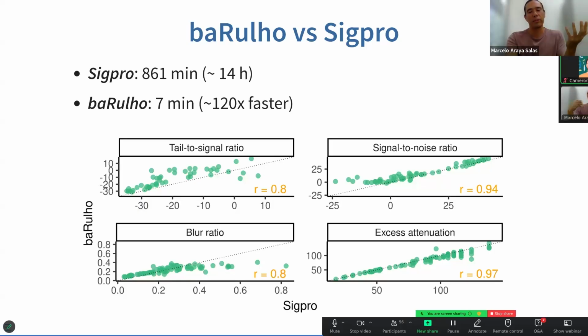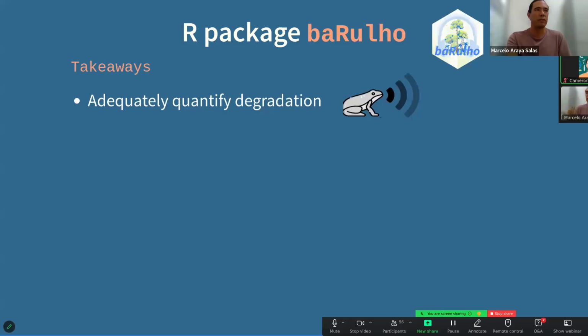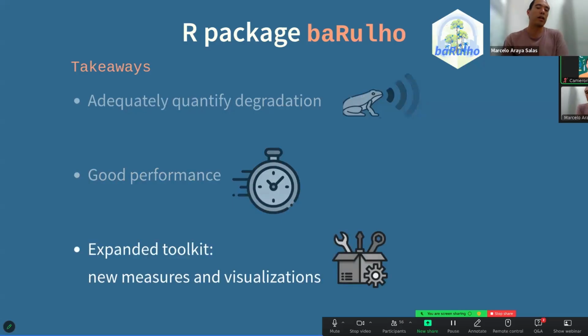So the rest of the measurements you do in baRulho come from other implementations of measurements of degradation, plus some new additions that people didn't use before. So it comes with new measurements that allow you to look at different dimensions of this degradation space. And of course, visualizations that allow you to double check and understand what is going on with the signals when they travel and degrade in a habitat.